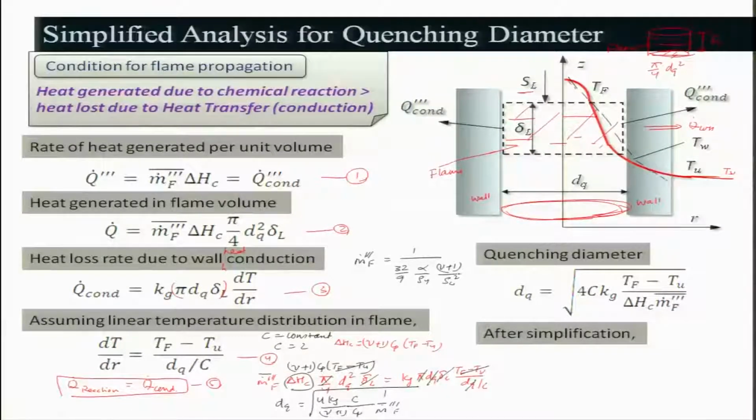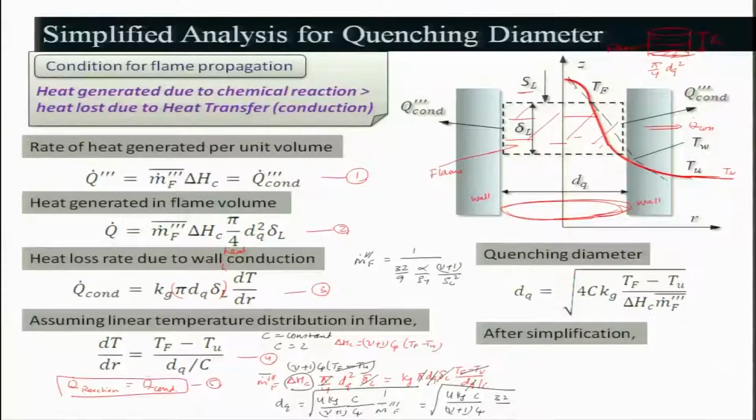I will substitute over here, right. If I do that, what I will get? 4 kg we see nu plus 1 C p, right.